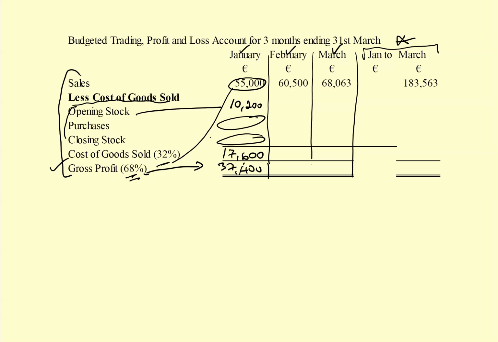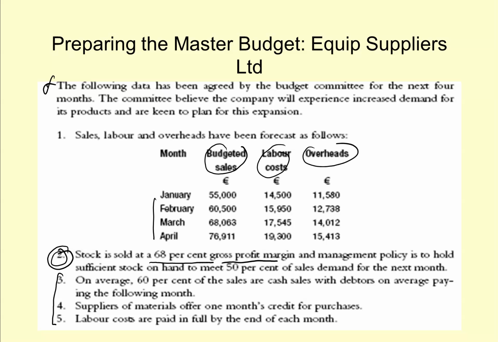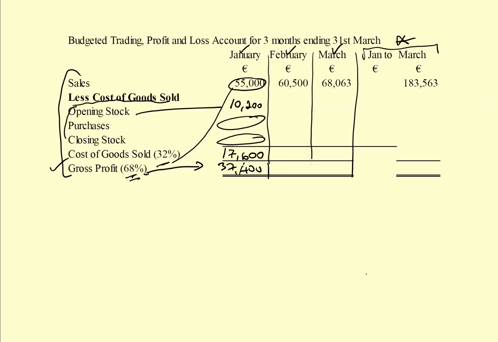Well, let's just go back here for a second. Stock is sold at a 68% gross profit margin. I just dealt with that. And management policy is to hold sufficient stock on hand to meet 50% of the sales demand for next month. So that is telling us that the closing stock figure is to be 50% of the amount that's required for February sales.